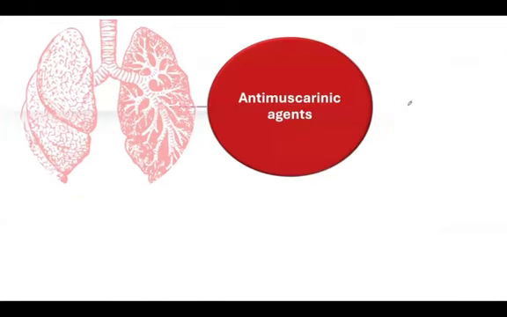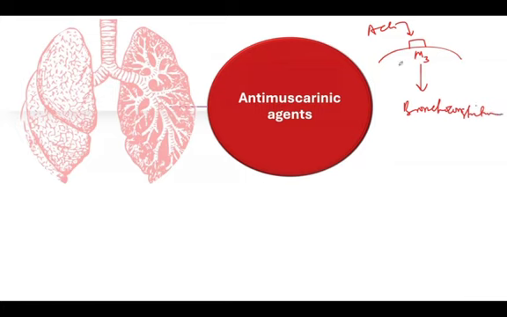We come to the next drug that could cause or could reverse the bronchoconstriction. Now, picture a scenario like this where your bronchial smooth muscle have M3 receptors. These M3 receptors, acetylcholine, ACh, is supposed to work on them. And then by working on this, we have bronchoconstriction, as we mentioned a bit earlier.